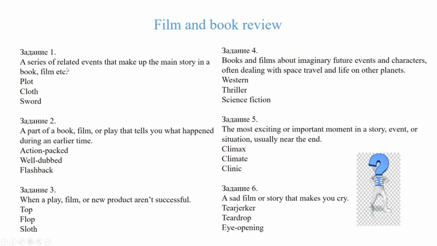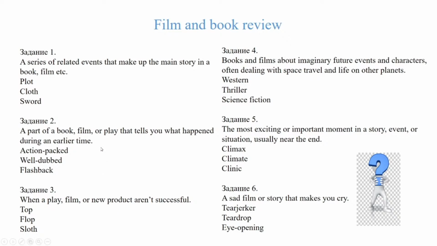How do we call a series of related events that make up the main story in a book, film, etc.? What is that? Definitely it is plot. And also, remember some adjectives describing the plot, giving good opinion and bad opinion. Done it? Okay, well done.